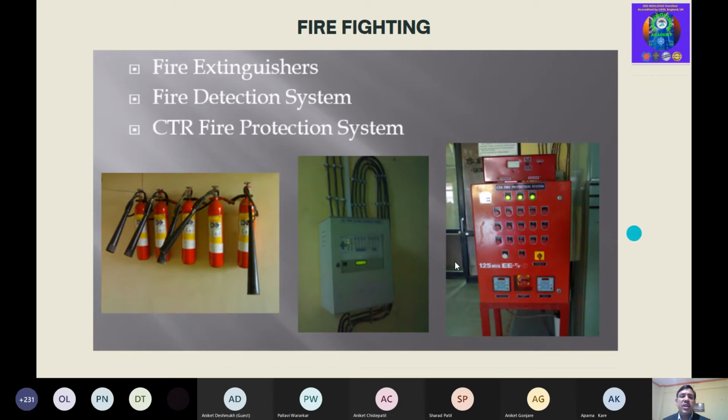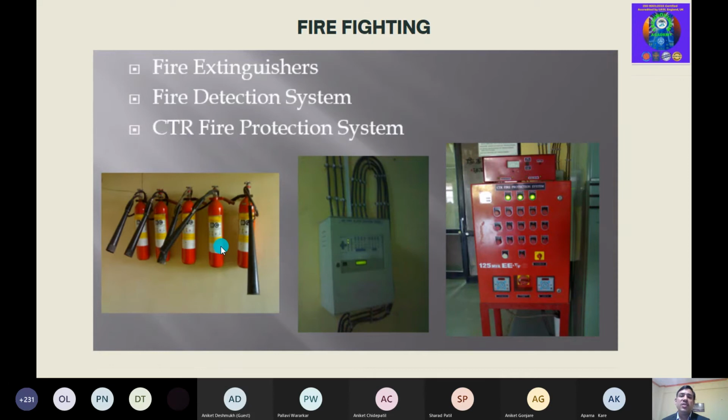So in substations, different types of firefighting arrangements are provided. Generally we have extinguishers, of different types. But whenever you come across an electrical fire, whenever there is a fire in a panel, you should go with carbon dioxide type extinguishers.